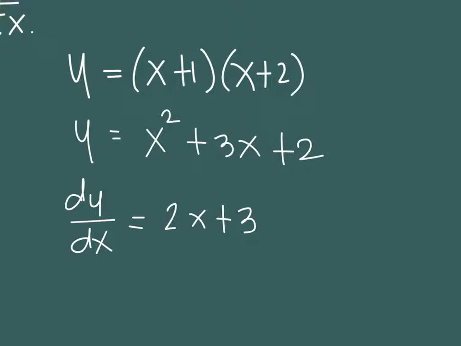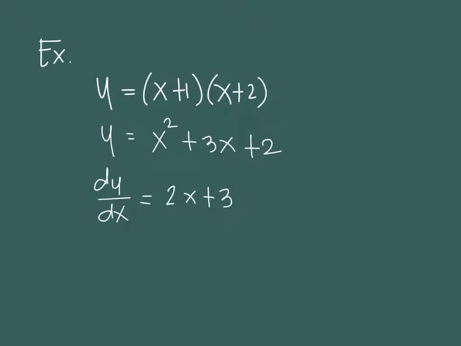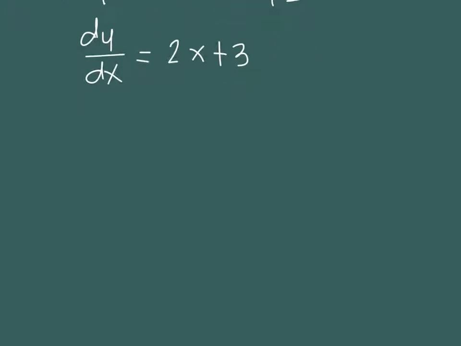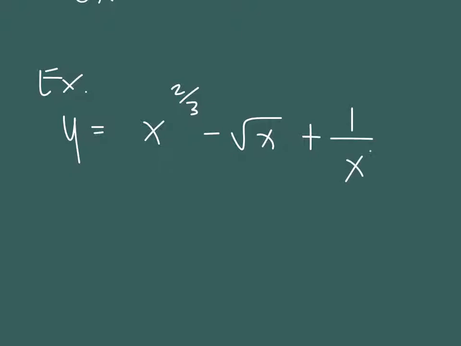Now, so we have seen a basic one, and then we have something that should be expanded before we can apply the rule. Now, there will be cases in which the exponents are not simple. For instance, y is equal to x to the 2 over 3 minus the square root of x plus 1 over x squared.